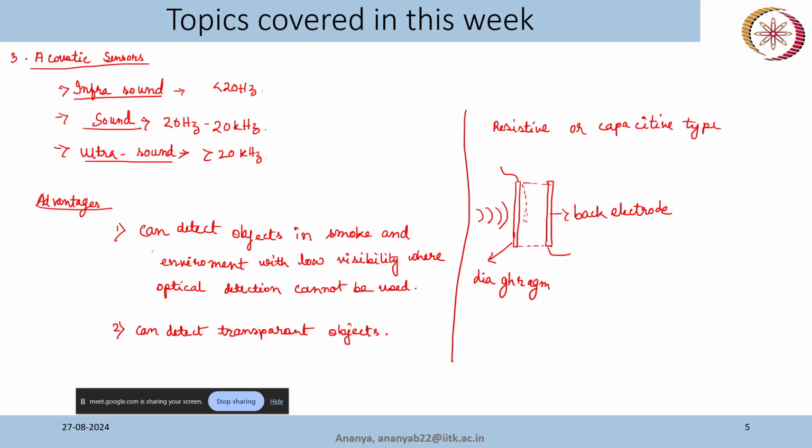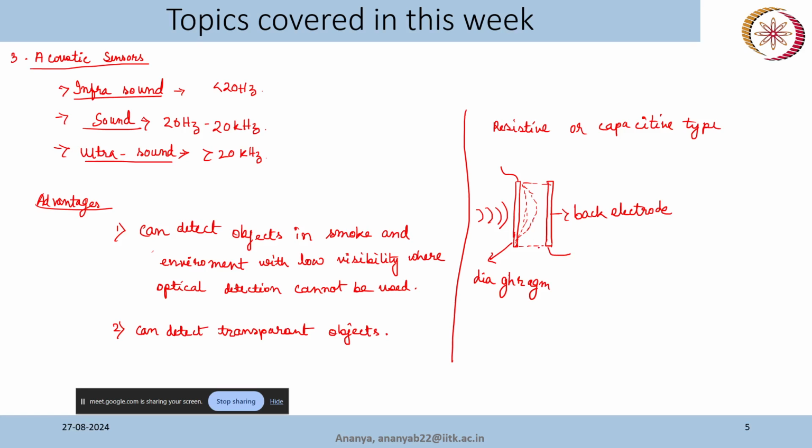When this diaphragm deflects, the shortest distance for the electrons to travel will be like this, and that will vary based on the deflection. So the overall resistance of this setup will also change. Now if we are using it in a capacitive configuration, due to the deflection, the capacitance between these two electrodes will be different.